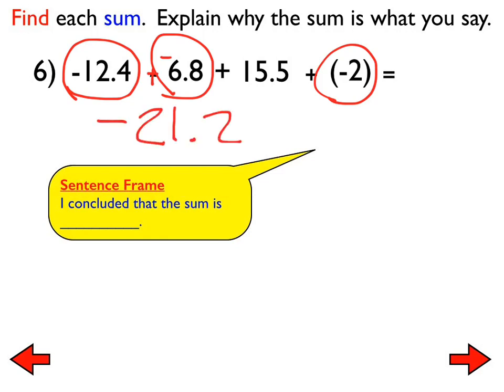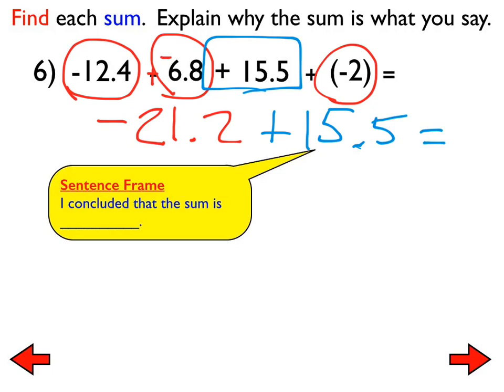And that was by simply adding all my negative numbers together using the commutative property. Now, I don't have any positives to add with this, but now I've turned it into a very simple problem utilizing the commutative property. I have 21.2 negatives, 15.5 positives.